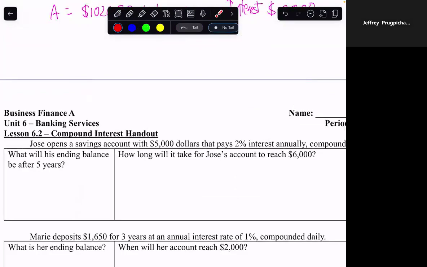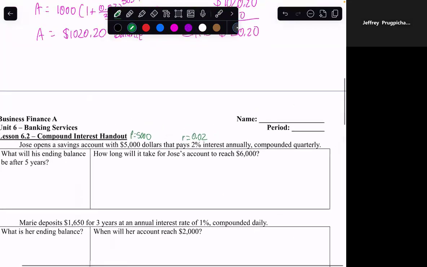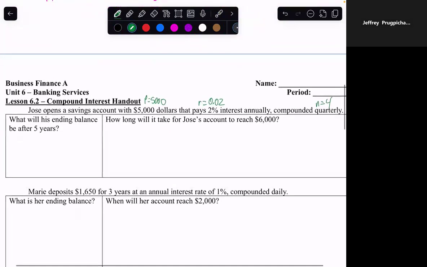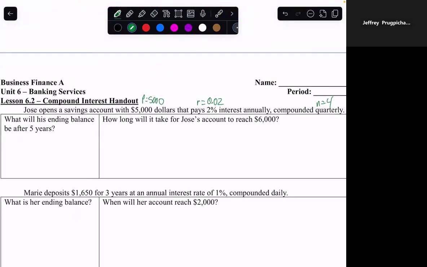Okay, so the principal, his starting amount is 5,000. The interest rate is 2%, so 0.02 again. Compounded quarterly, so n is 4. Okay, so first question, what's his ending balance after 5 years?